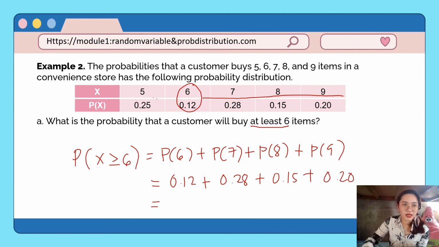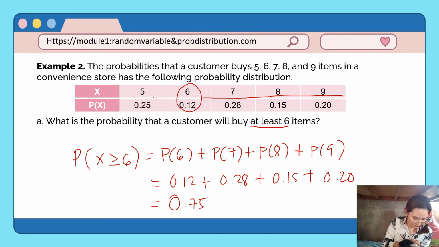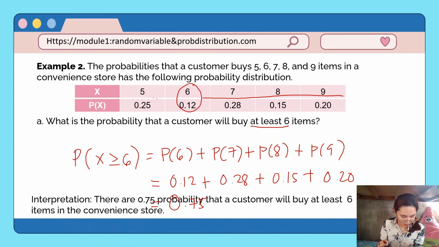Ayan. So, ipag-add lang natin sila, which is 0.75. So, for the interpretation, we can say na there is a 0.75 probability that a customer will buy at least 6 items in the convenience store.